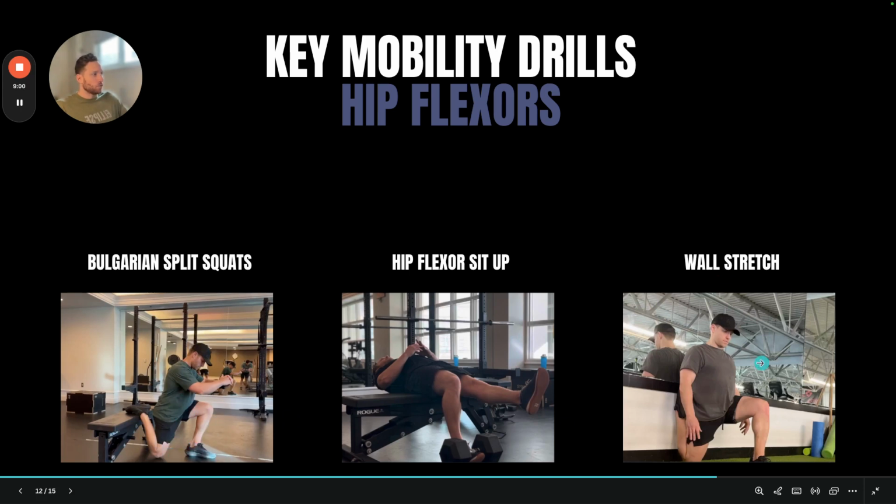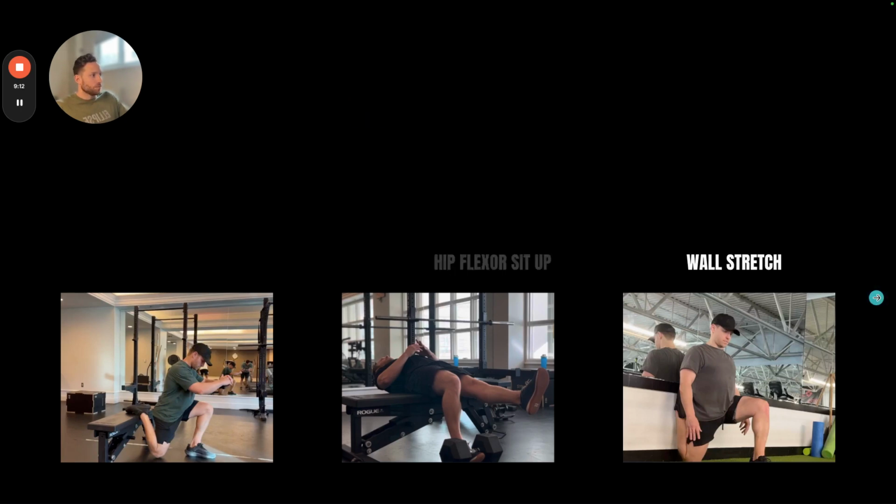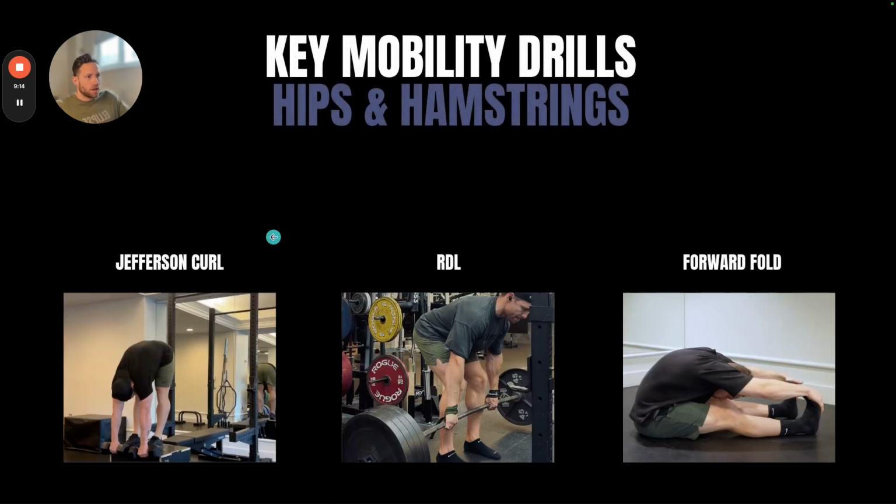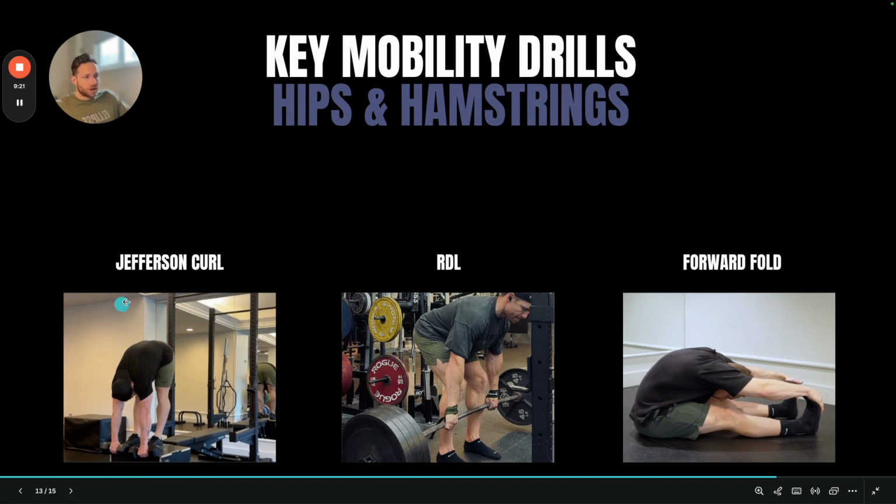And then the wall stretch would be, again, getting into full extension and full flexion, so getting the rec fem into full elongated position. And this would allow us to keep tension on the muscle as we allow it to calm down and work through some passive, or more passive, ranges of motion. Then getting into our mobility drills on the posterior chain, I've got a light Jefferson curl going through an elongated range of motion.